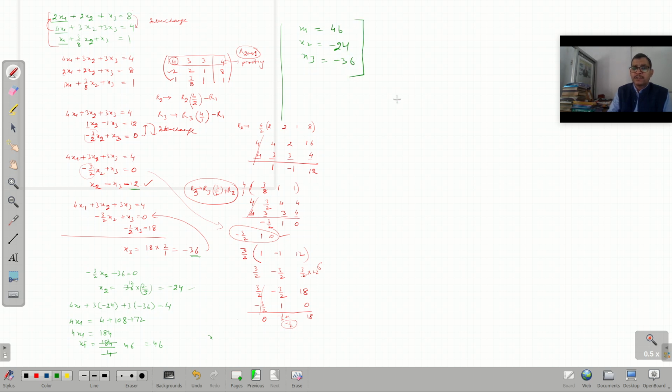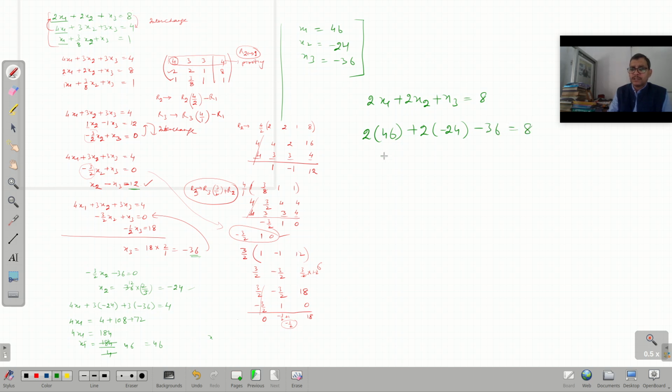Right, so what do I do? It is 2x1 plus 2x2 plus x3 is equal to 8. Let us put all these values here. 2 into 46 plus 2 into minus 24 minus 36 is equal to 8.